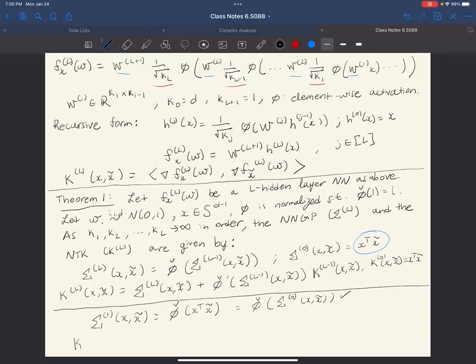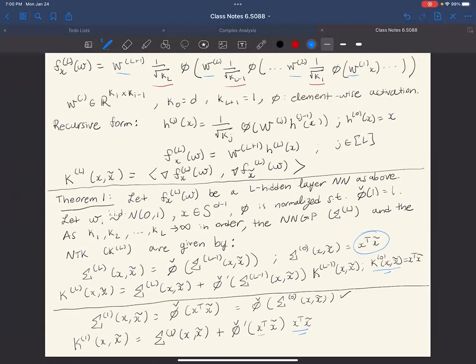Now remember, K1 we did in lecture 5. Remember it was this dual, I just wrote it on the previous page, but it was exactly the neural network Gaussian process plus the derivative of the dual at x transpose x tilde times x transpose x tilde. Well, we can see that this x transpose x tilde is exactly K0 of x, x tilde.